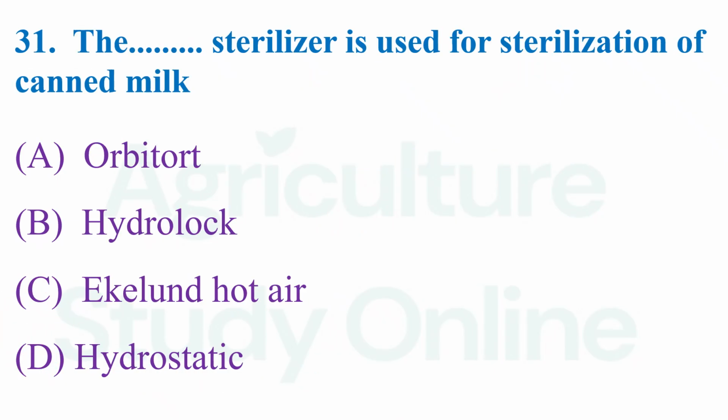Question number 31. The dash sterilizer is used for sterilization of canned milk. So it is Orbitort. Orbitort sterilizers are specifically designed for canned liquid foods like milk. Why? Because it rotates the can during the heating process.